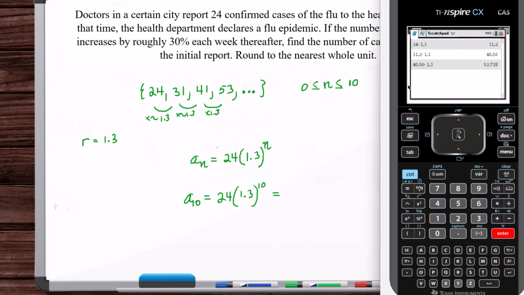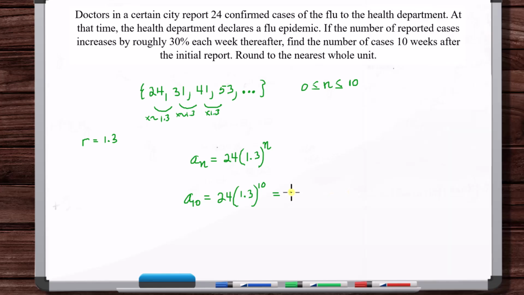So 1.3 to the 10th times 24, so 331. We're going to round up. 331.